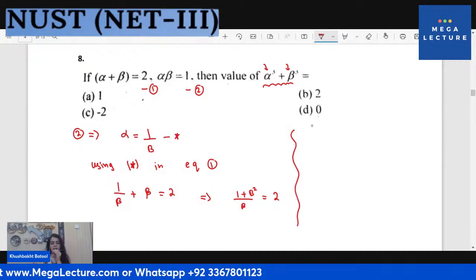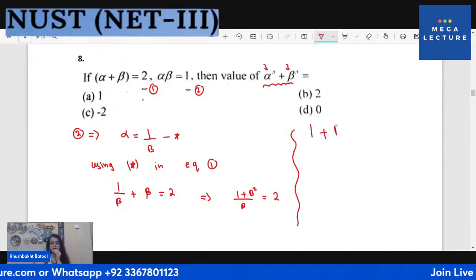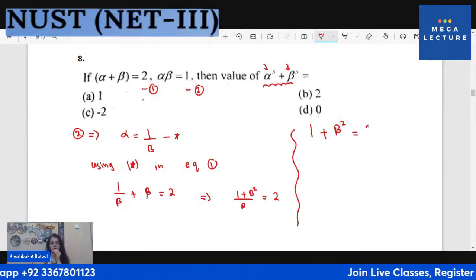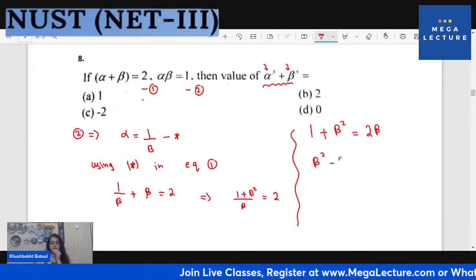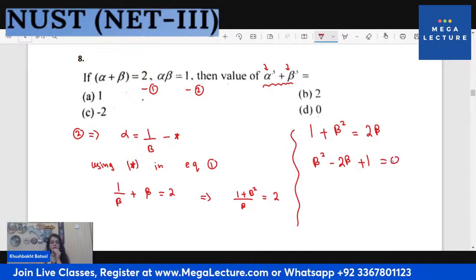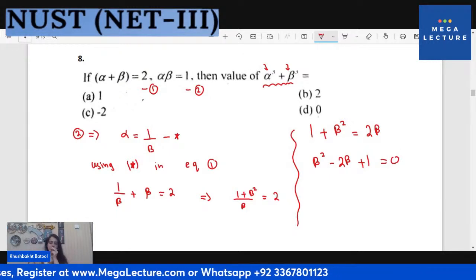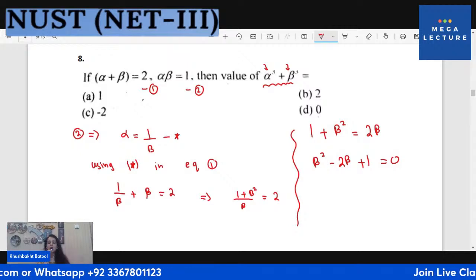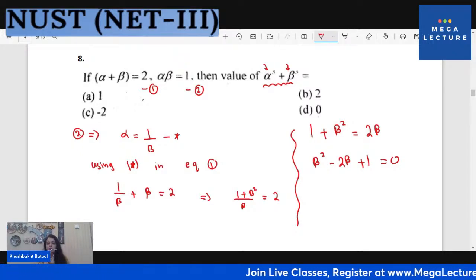And now I have 1 plus beta squared equals 2 beta, and it would become beta squared minus 2 beta plus 1 equals 0. Now it's a simple quadratic equation. You need two numbers such that when you multiply them you get 1, and when you add them you get minus 2. So the two numbers could be minus 1 and minus 1.